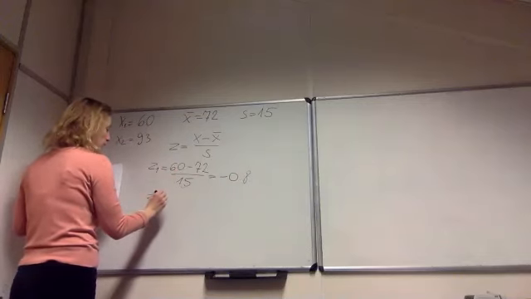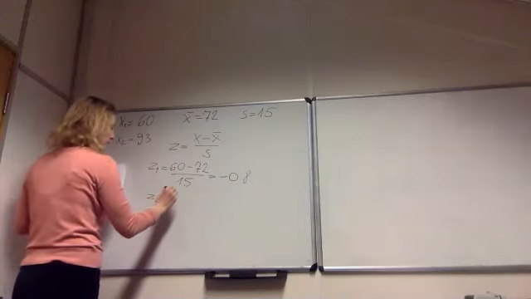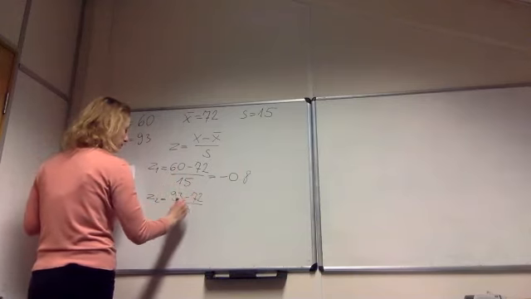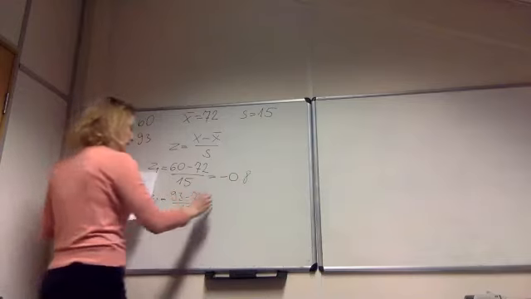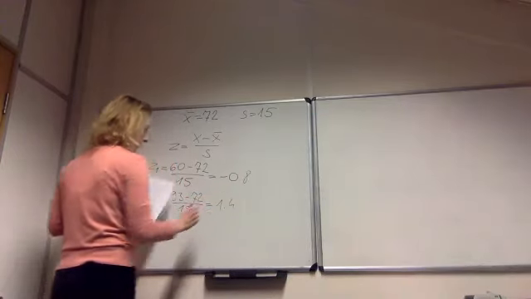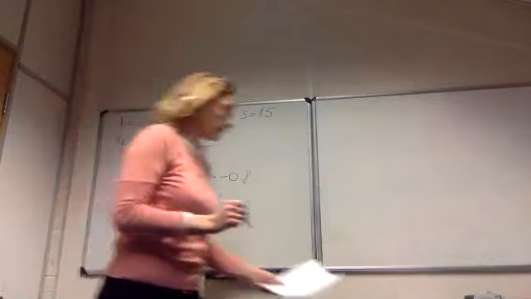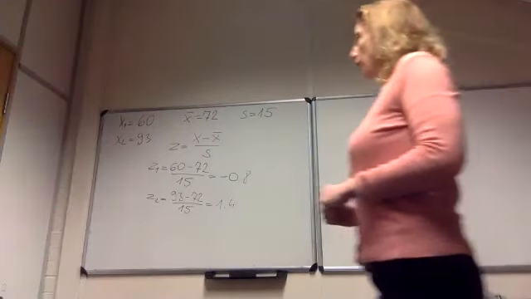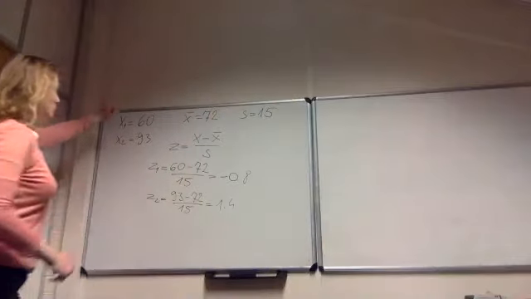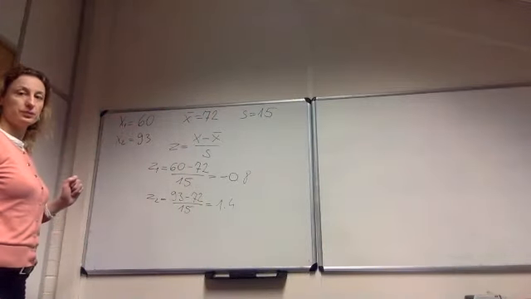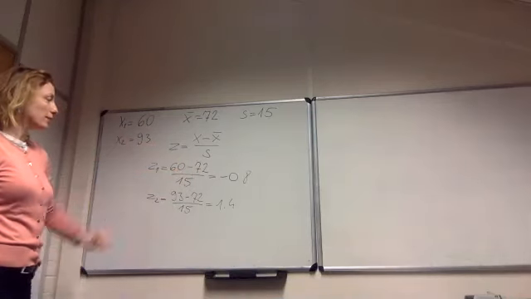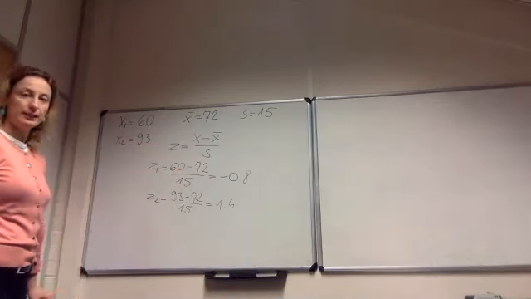Similarly, for Z2, we have 93 minus 72 over 15, which is 1.4. Okay, so these are the standard scores. Again, we took the data points, subtracted the mean, divided by the standard deviation, and that is it.